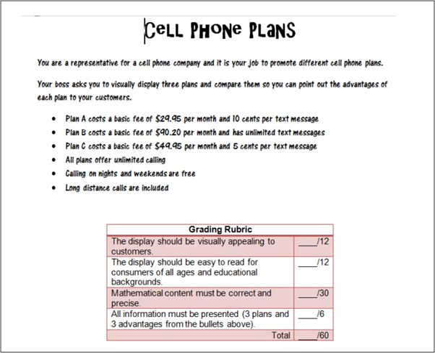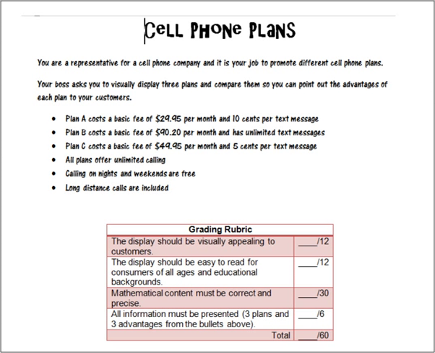So, what you need to do is to advertise these three plans and the other three things that are important to all of these plans on a display. Now, you can use one piece of my graph paper, or you can make your own display.